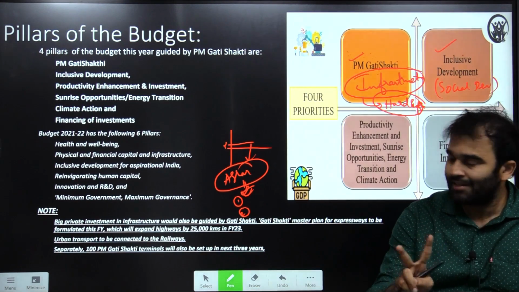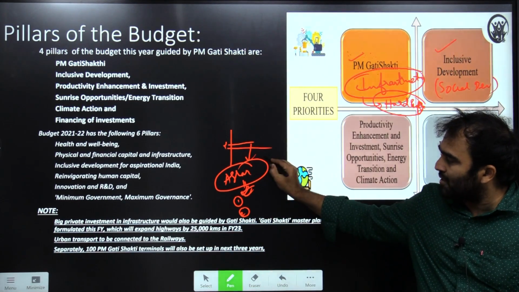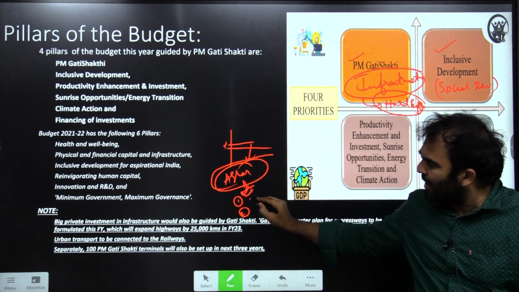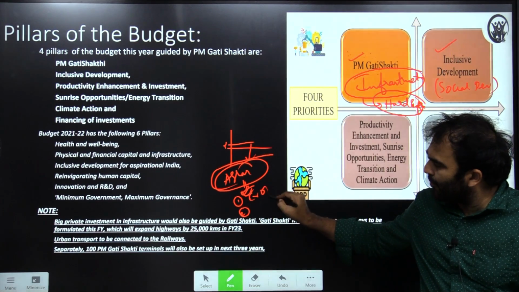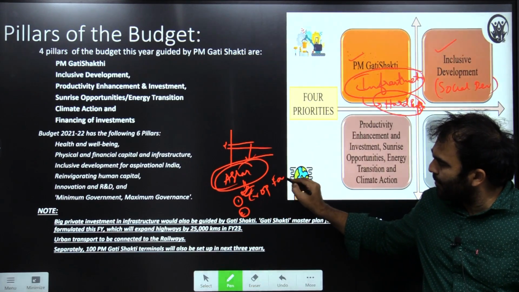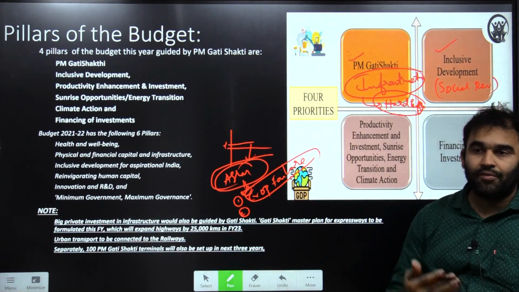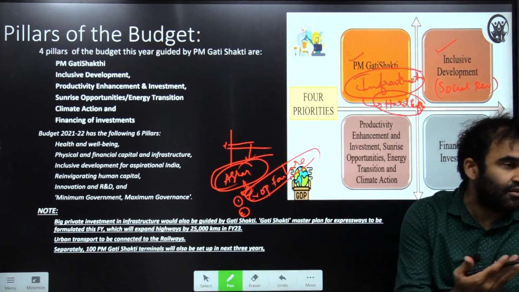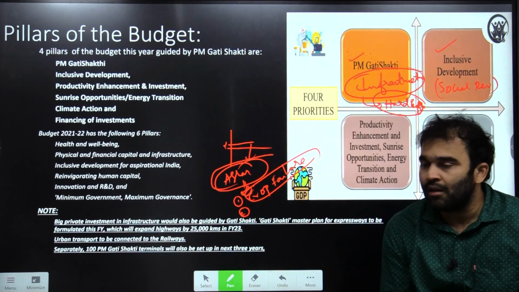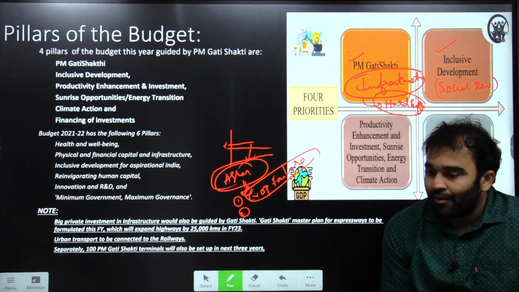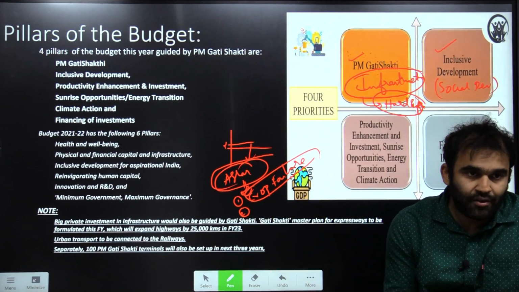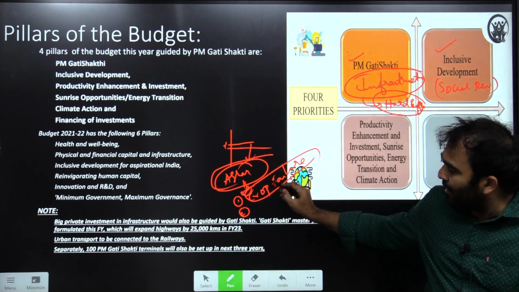The 2 biggest problems when it comes to a rural society are, number 1, crop failure. Crop failure is one reason why you have so many farm suicides, farmer protests, whatever you name it.